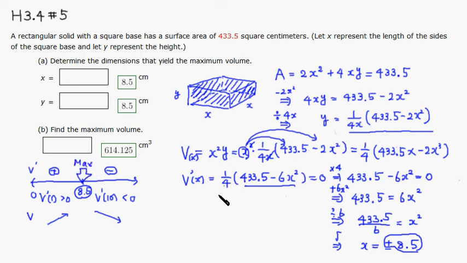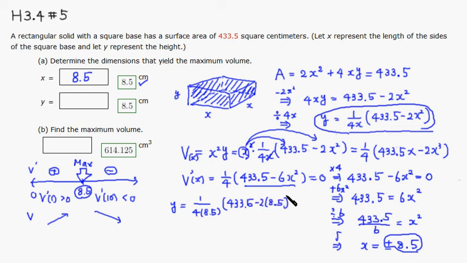So we know that x is 8.5, which is the right answer. We can find the y value by using this formula right here, just to plug it in. So y is equal to 1 over 4 times 8.5 times 433.5 minus 2 times 8.5 squared.